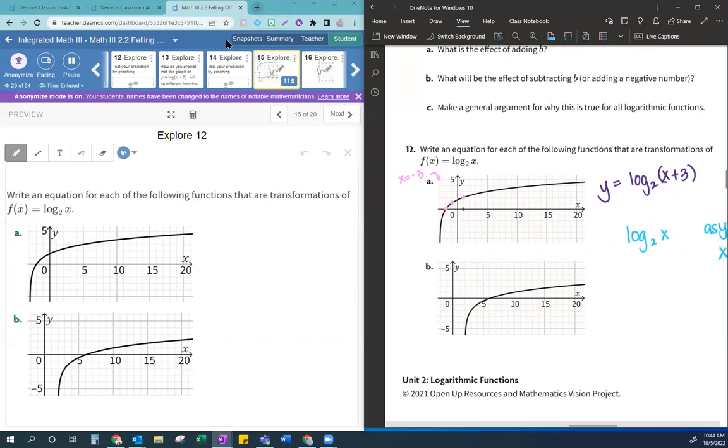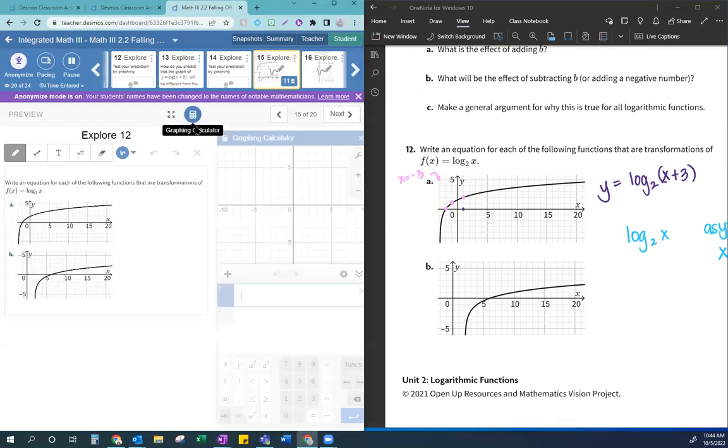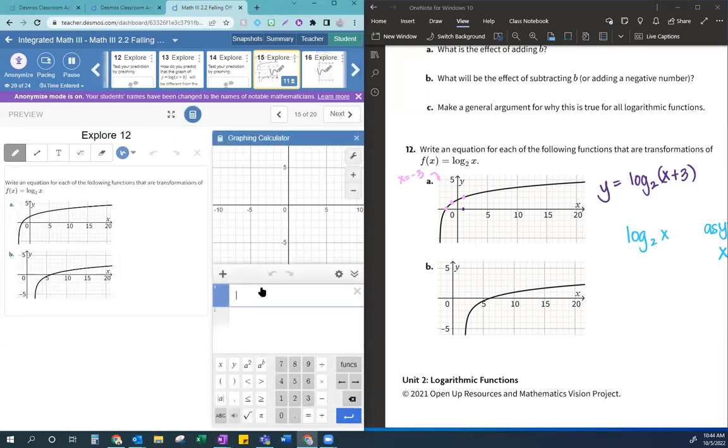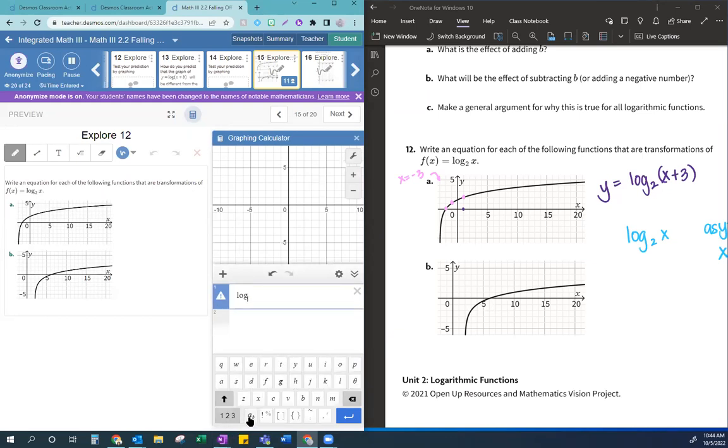So what I want to show you, and the reason why I want to show you this is because it'll help you, is if I go log base 2 of x, do you see how the asymptote is right here at x is equal to 0? Does everybody see that? And now if you look at this asymptote, it shifted to the left 3 times.